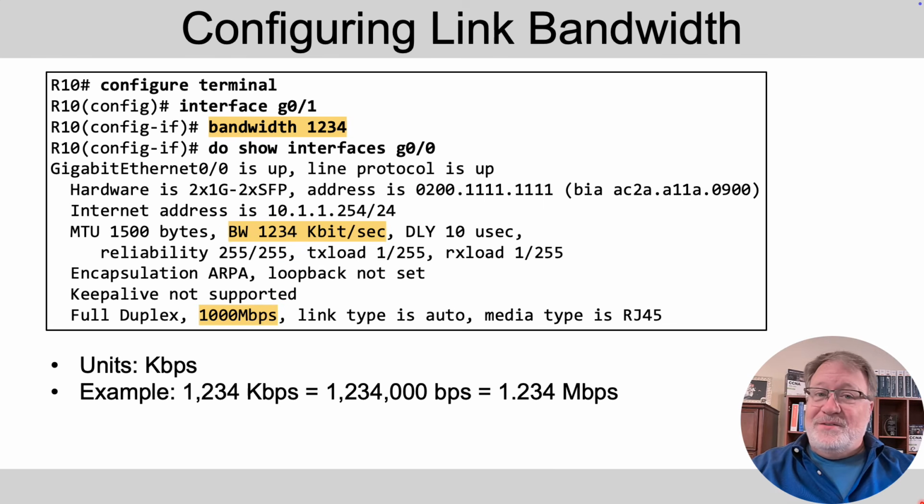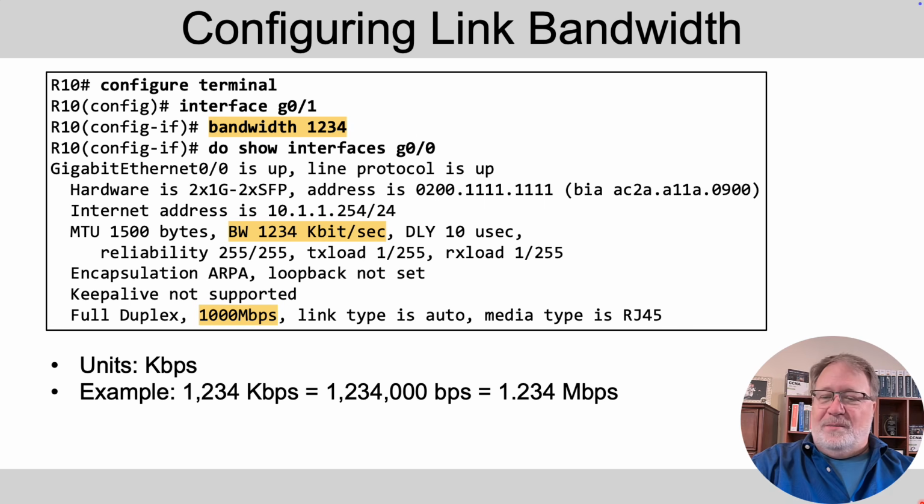Now you can configure the bandwidth to any value that's within the range on that particular model of router. In this case, I've done that on this interface, gig 0/0. I got into config mode, typed the bandwidth command, and gave it a number. You don't type kbps for the units, you just type in the number, but the unit is kilobits per second. So if I repeat the show interfaces command and look at the bandwidth setting now, it says bandwidth is 1234.